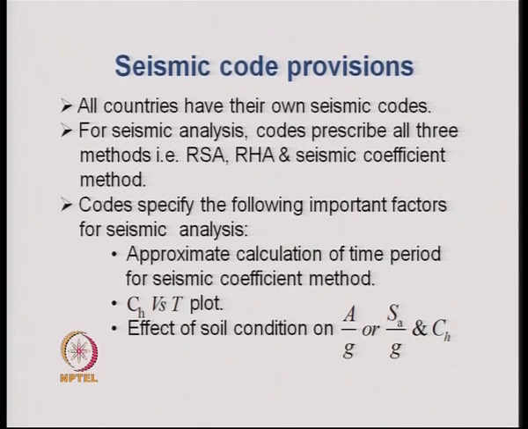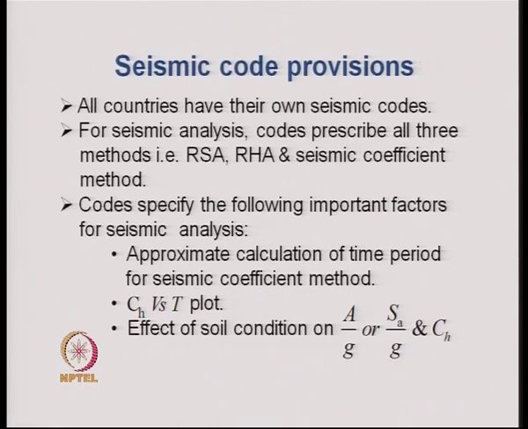The approximate calculation of time period is generally associated with the use of the seismic coefficient method. The reason is that in the case of the seismic coefficient method, the entire method is thought to be an equivalent static analysis, unlike the response spectrum analysis, where it is partly dynamic and partly static.